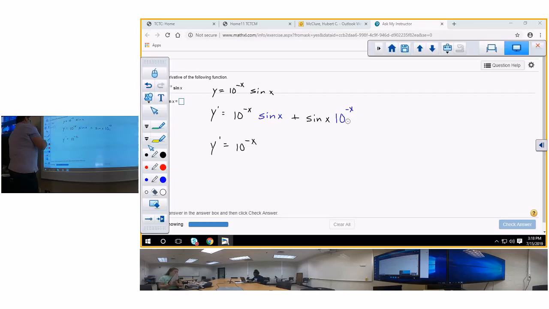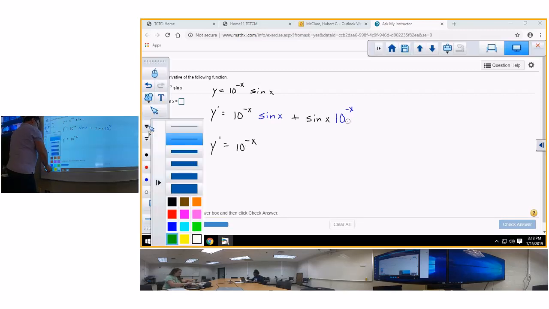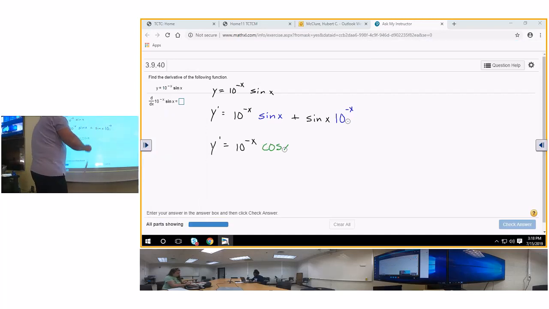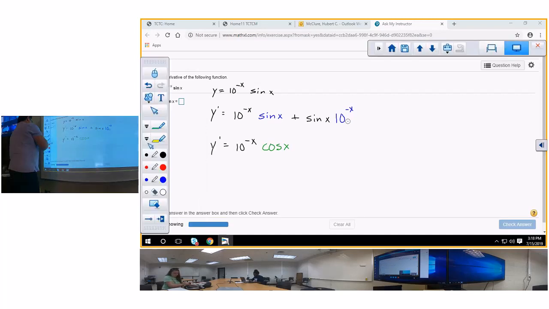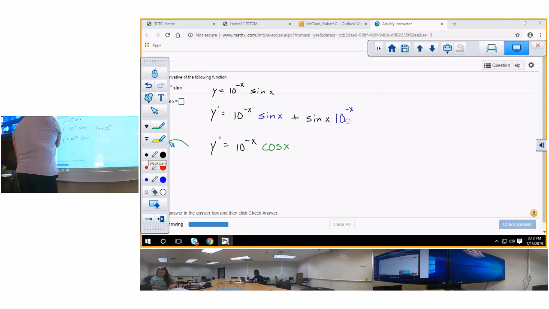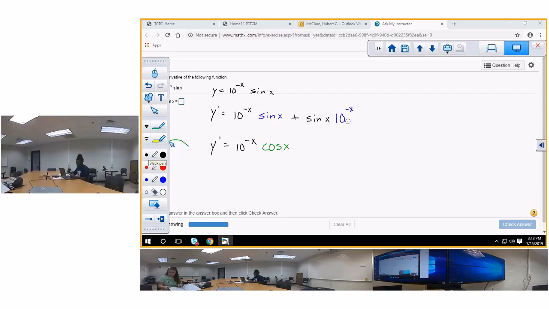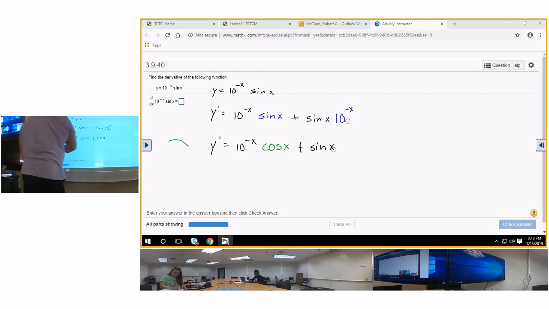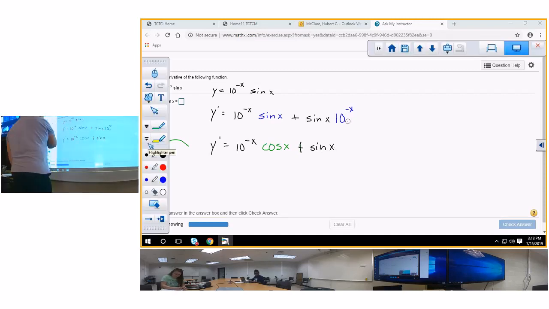And let's do this in green. What's the derivative of the sine? Cosine of x. Plus the sine of x. And here's where your natural log comes in.